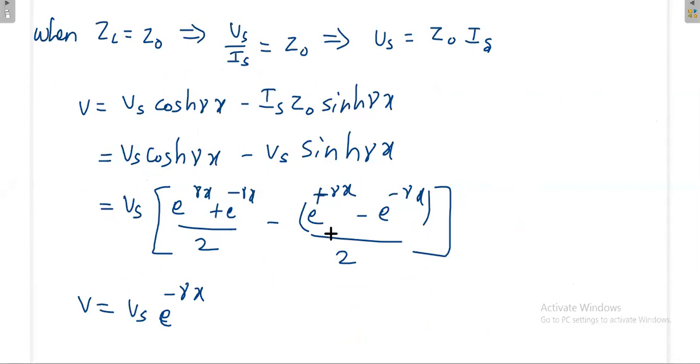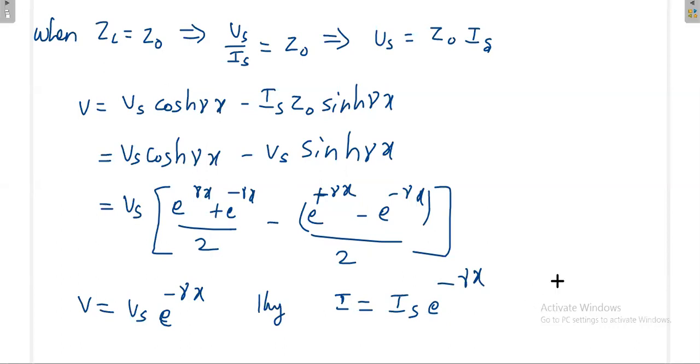Only forward. Similarly for current you can calculate: I is equal to Is e power minus gamma x. Once again we are proving that when the load is terminated by Z0, there will not be any reflection, and mathematically there will not be any reflection component.